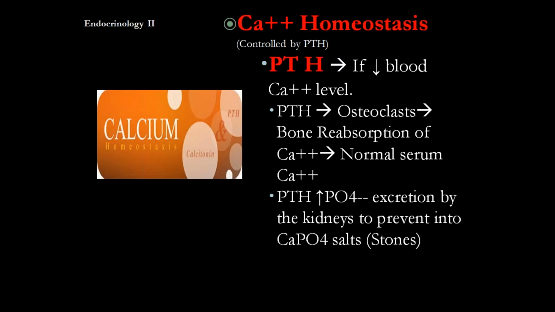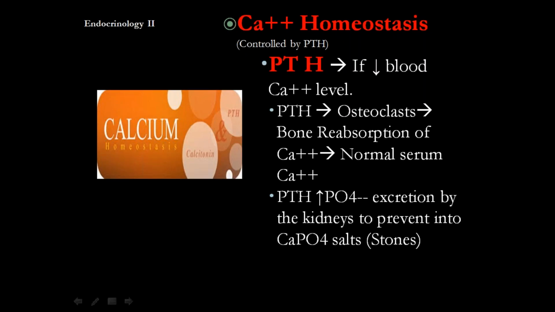All right, so here we have calcium homeostasis, and calcium homeostasis is going to be a balance between phosphorus and calcium. Number one, we remember that the bone is formed by calcium phosphates.